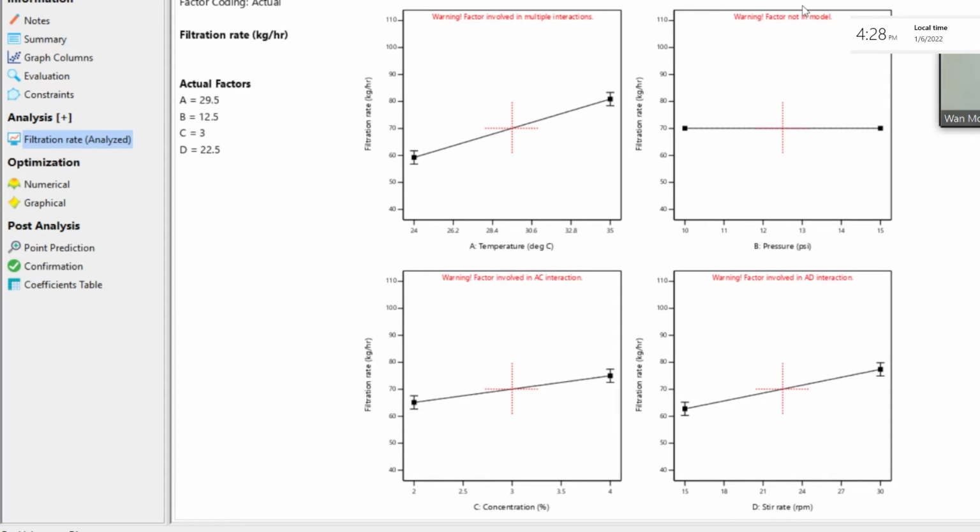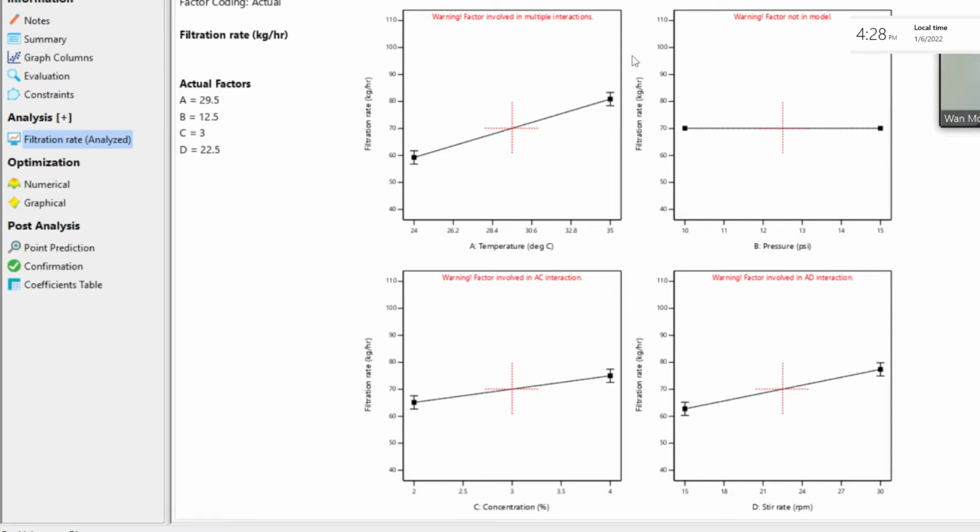In our case, it's not a problem, because we know this factor is not significant, so we deliberately didn't choose that factor during the half normal plot. In the half normal plot, there was no pressure jumping off from the normal line. So we don't select that. That's why there is nothing.